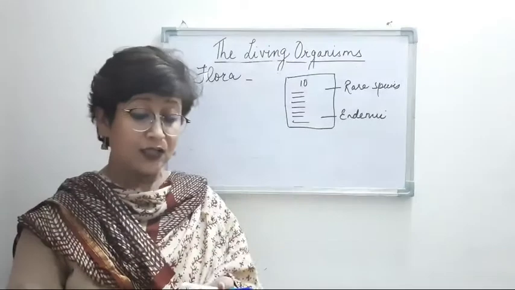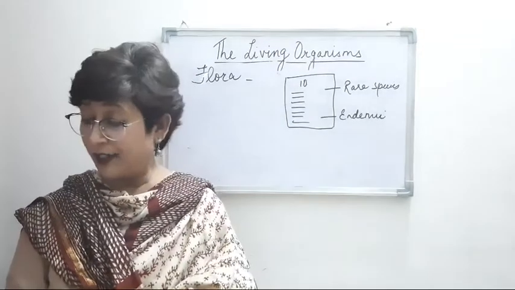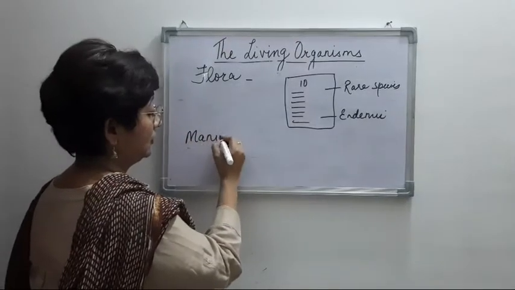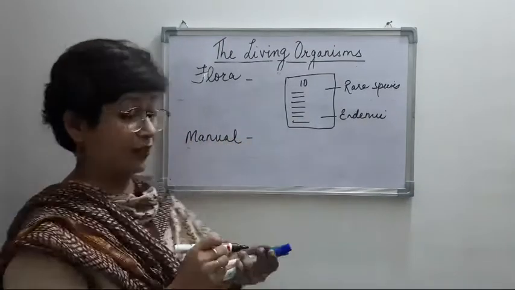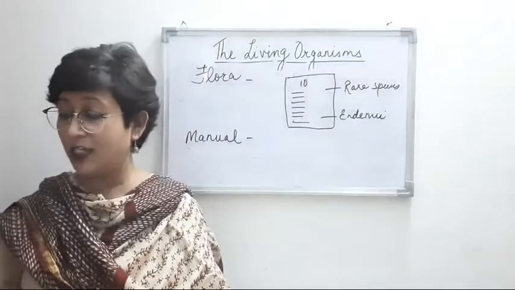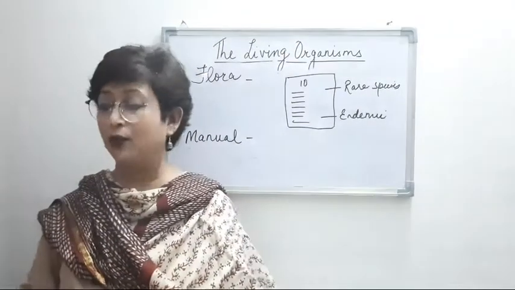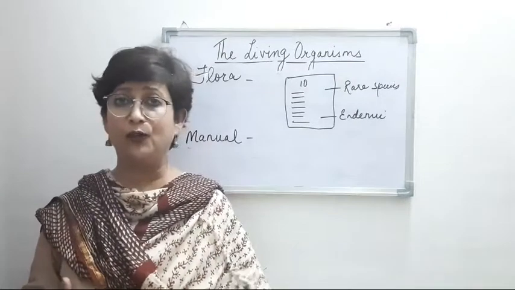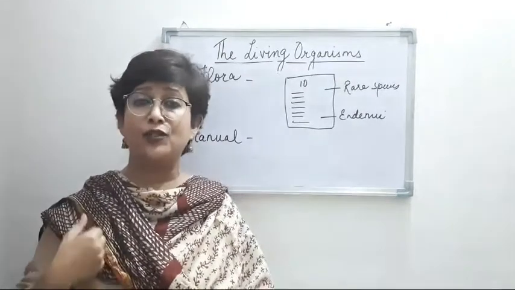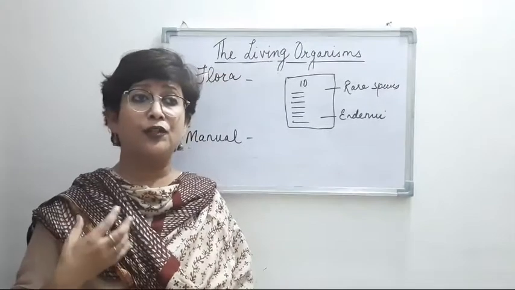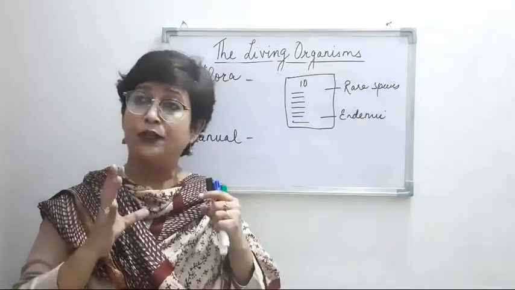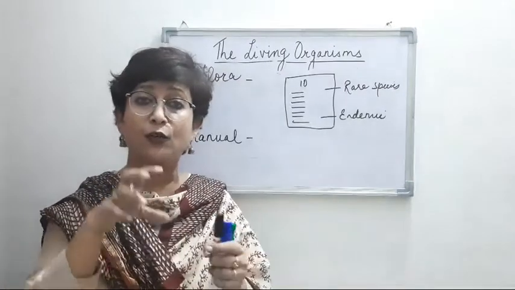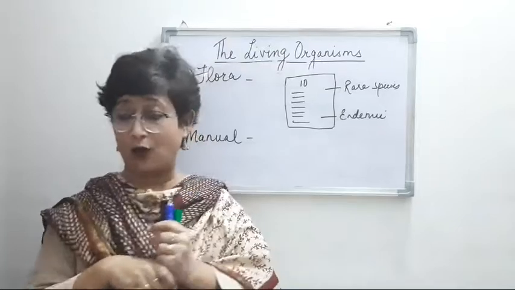The next taxonomical aid that we will do is manual. Right, so the next taxonomical aid is manual. What is manual? See, what happens is a lot of information, as I told you, is required for studying, or for the research work, or to categorize a particular group of animals into one particular taxon, right?